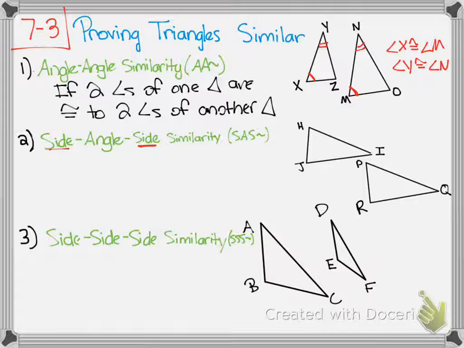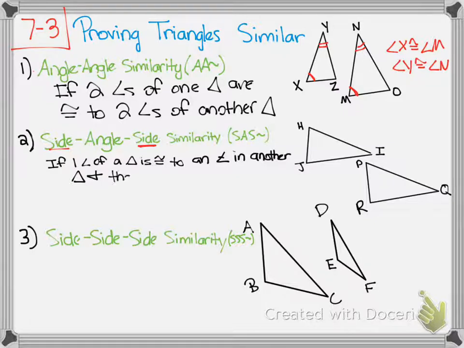So for side angle side, if one angle of a triangle is congruent to an angle in another triangle, and the sides that include the angle, or the two angles, I should say, are proportional, then I know that the triangles must be similar to one another.